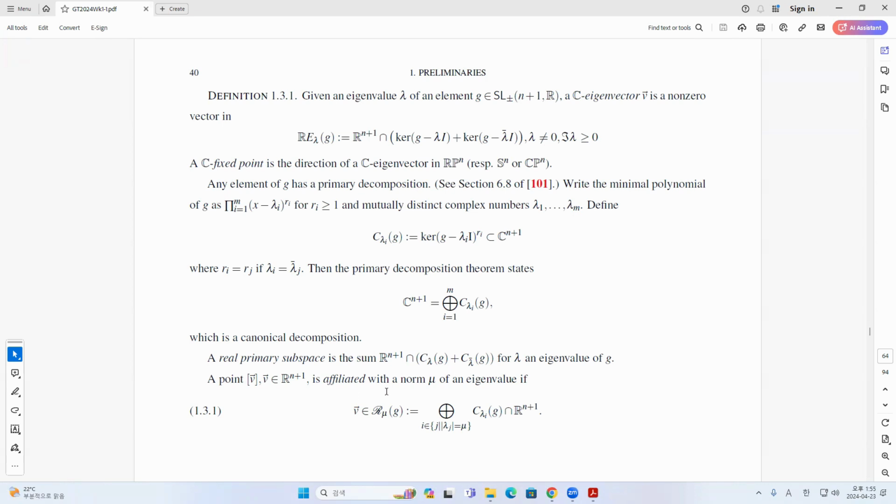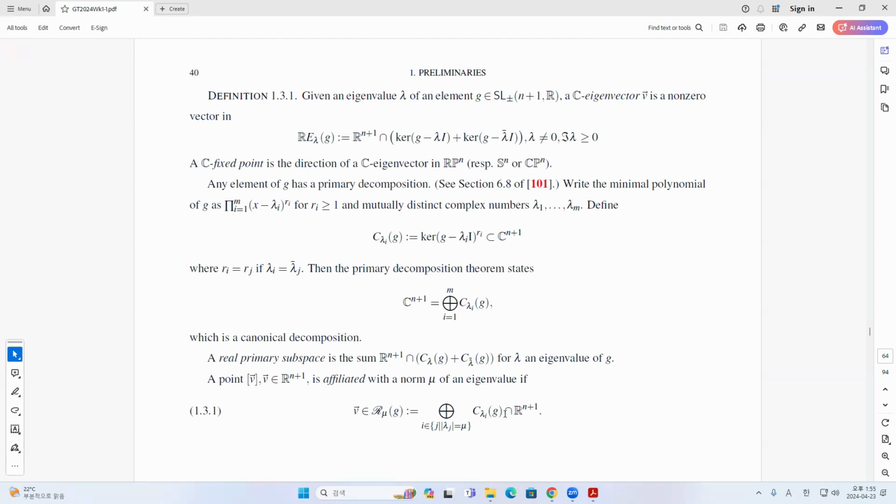So a vector is affiliated with the norm mu of an eigenvalue if the vector is in R^n intersected with the primary subspace of mu. So these are the ones which are in the direct sum of these, intersected with R^n.